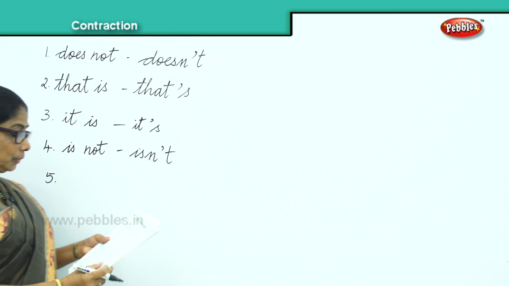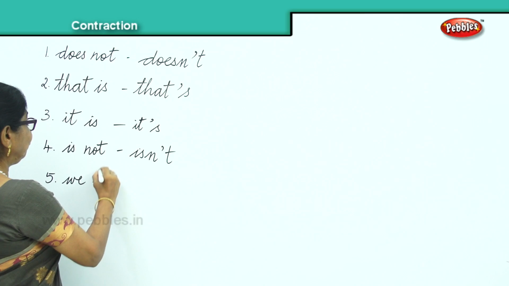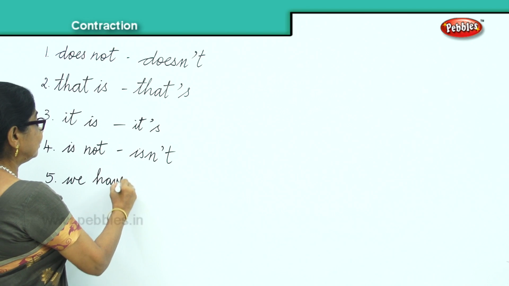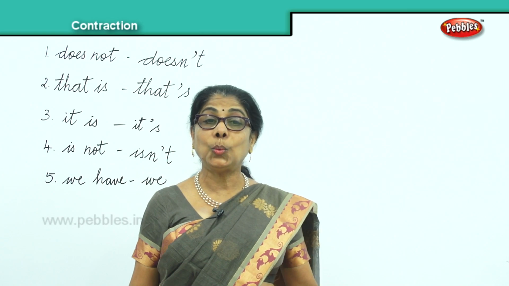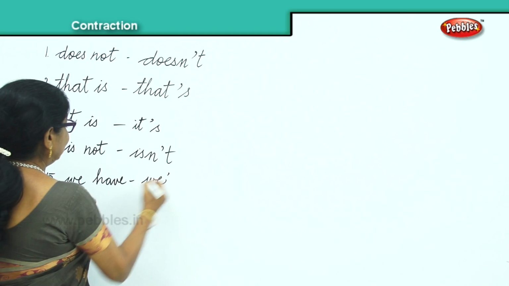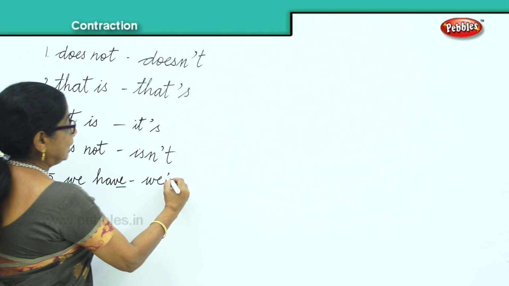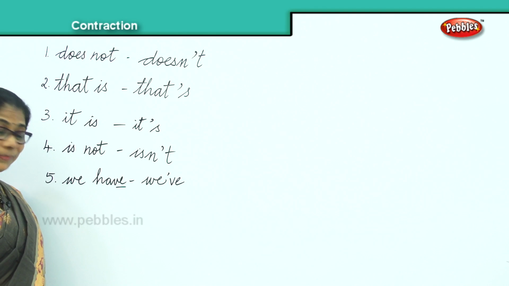Another word. We and have. We have. How will you write that? Or how will you say it? We, and you will write apostrophe VE. We've.